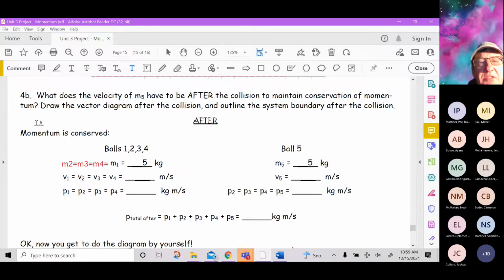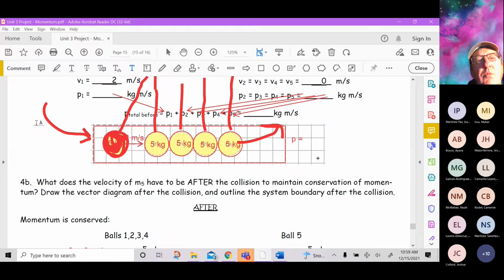Now let's think about this. When this ball comes swinging into the cradle, it has momentum and these others do not. But then it hits this ball and transfers the momentum to the end, which basically pushes this ball up out of the cradle. But every time this one transferred its momentum, it lost momentum and sat there for a moment. Same thing with this one.